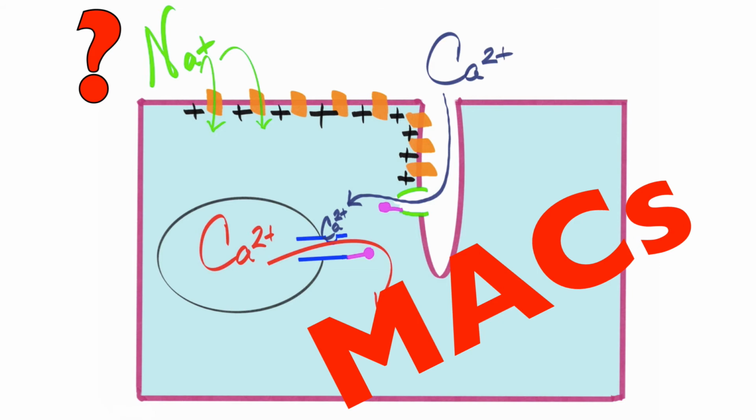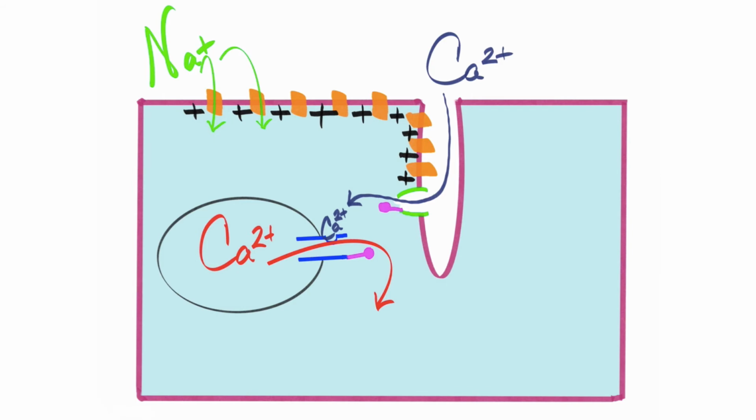So now we've just had the cardiac muscle fiber contract, which is allowing the heart to beat. But we need to restore everything like we do in all other excitable cells.